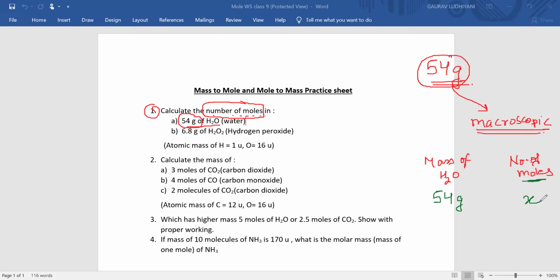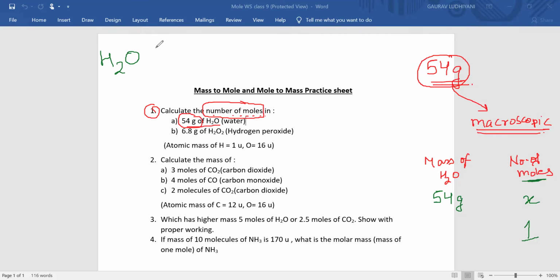Here comes the application of tip and trick number two, which says that you always know how to calculate mass for one. So if I have 1 mole of water, H2O, I know at the back of my head that I can easily calculate the mass of 1 mole of water.